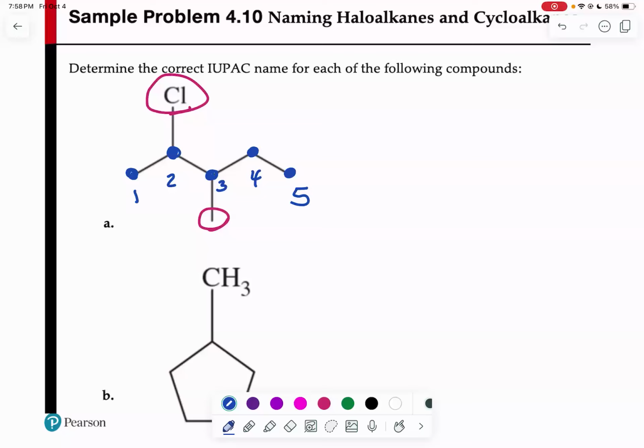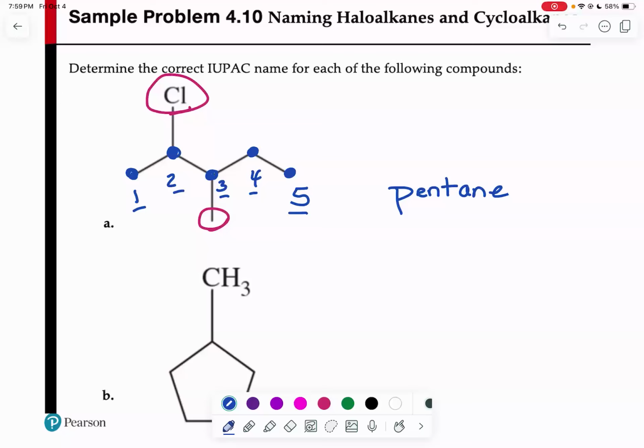Remember your little mnemonic, "me eat peanut butter in the pentagon." That's meth, eth, prop, but, and then pent. So this is going to be the prefix pent. And I see I have all carbon-carbon single bonds, so that's pentane. That's the parent.